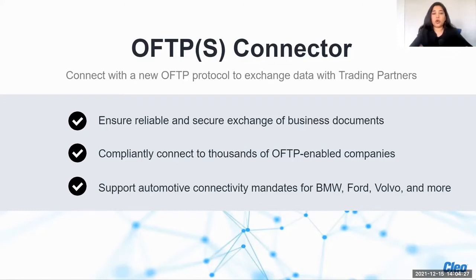And also, this opens up the gates for you to connect to thousands of OFTP-enabled companies out there, especially the ones in the automotive industry that mandate OFTP as a preferred connection, in the likes of BMW, Ford, Volvo, and a lot more. So without further ado, let me show you how this connector can be leveraged and used in Clio Integration Cloud.